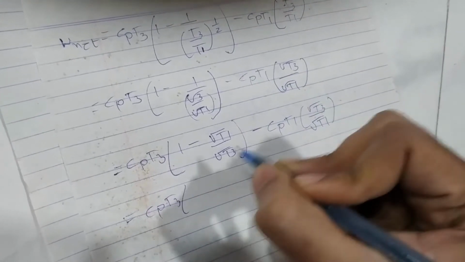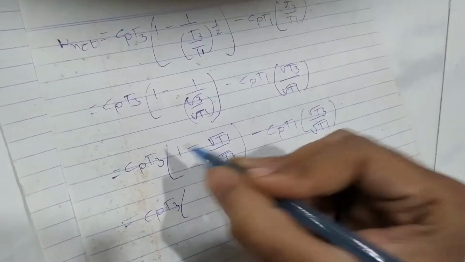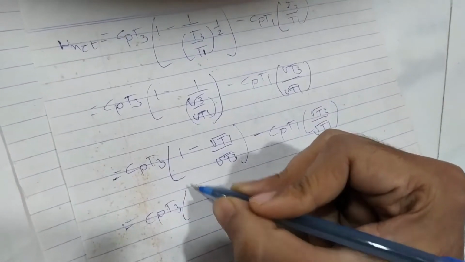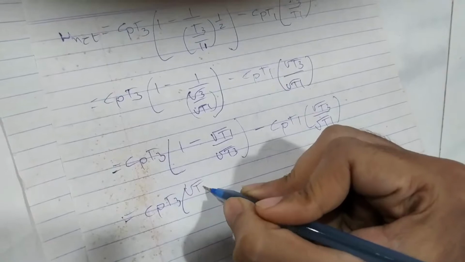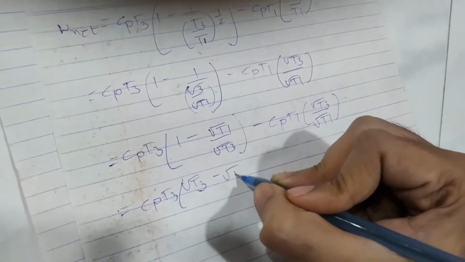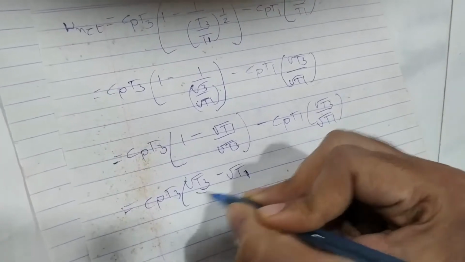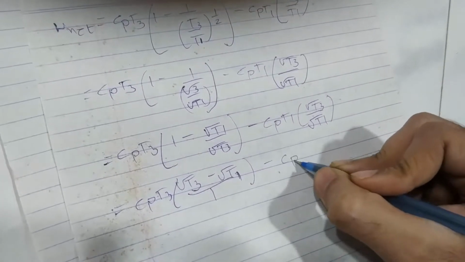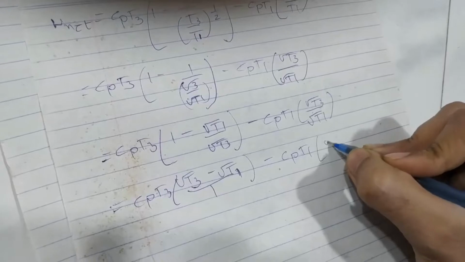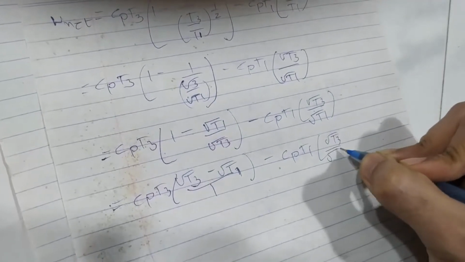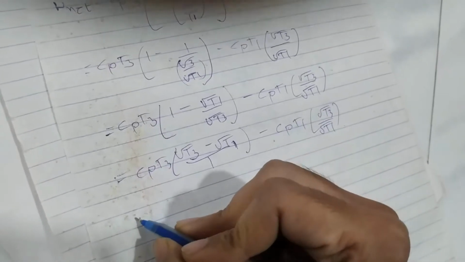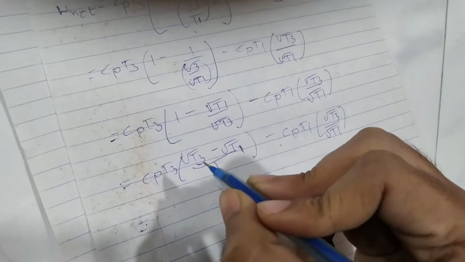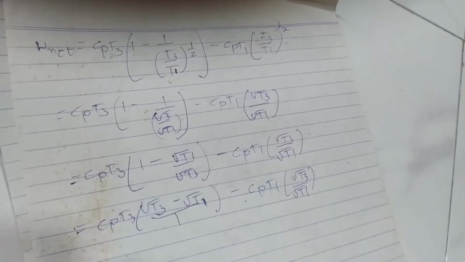Then root T3 will be multiplied with root T1. Then I will write here 1 minus, actually I have done some mistakes.